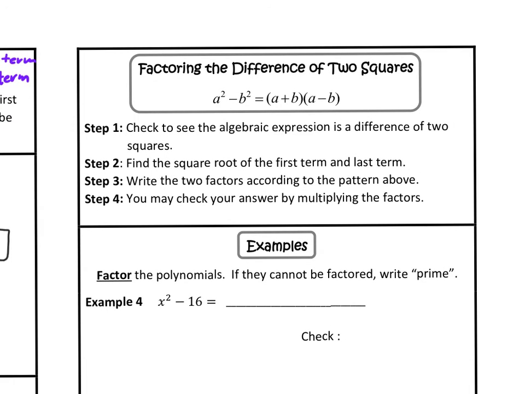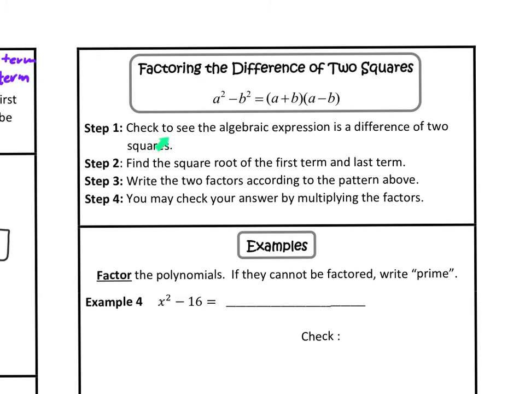The next example, we're actually going to start factoring. There's a couple of steps, and the idea here is if we can identify that what we're working with is a difference of squares, then we can break it up into the following factors. So if I know what the first term and the last term are, then I can break it up in the following way.